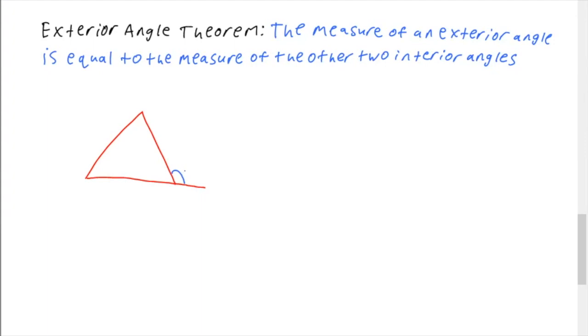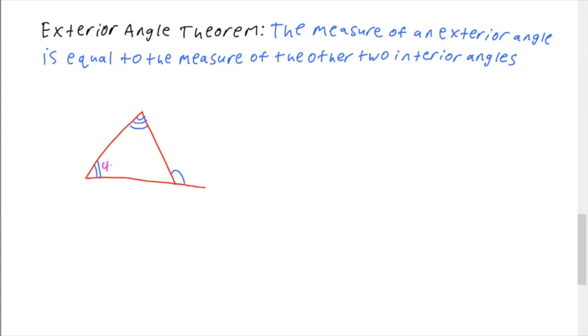So this is going to be equal to these two interior angles. And I'm marking them with different marks so we can mark them separately. If I had the same amount of marks, I'd be marking them as congruent, or the same. So these two interior angles will add to the exterior angle.